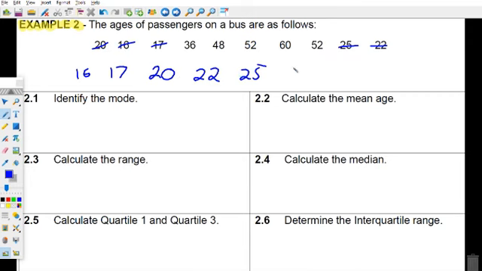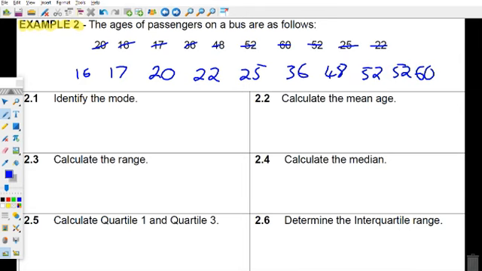You guys are faster, right? Then 36, 48, and then 52, 52 again, and then 60. All right, so that's everything there. It's in ascending order.